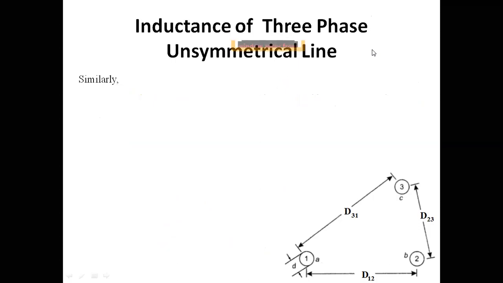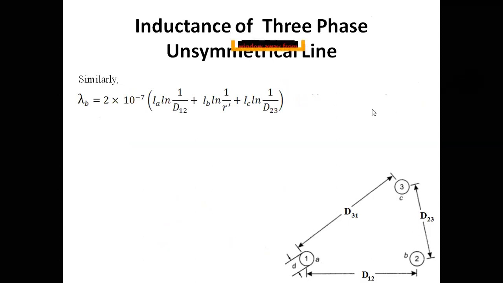we can also find out LB and LC. LB will be 2 into 10 to the power minus 7. So here we consider IB as a reference. So in the diagram, we consider IB as a reference. So after calculating by the same process, we get 2 into 10 to the power minus 7. This is the previous equation.